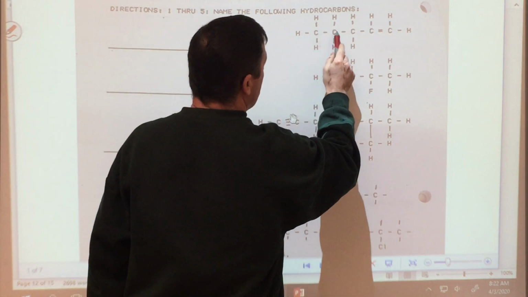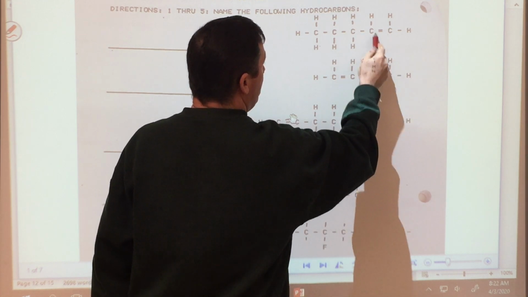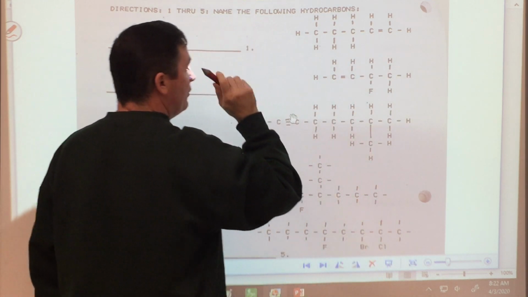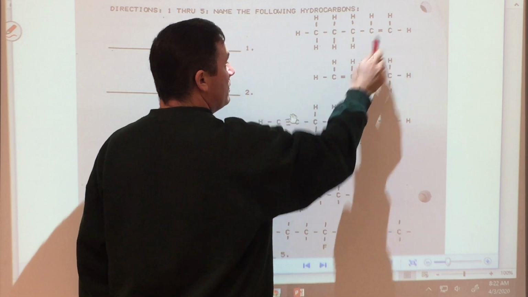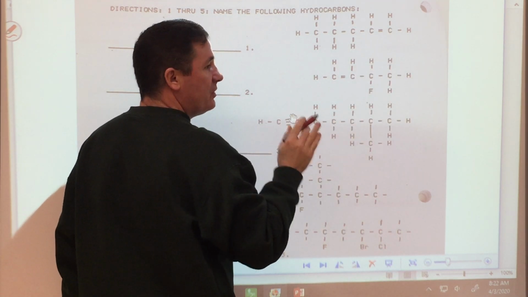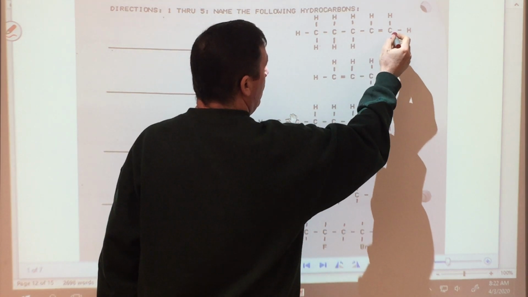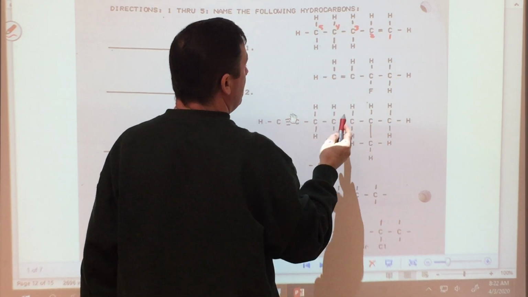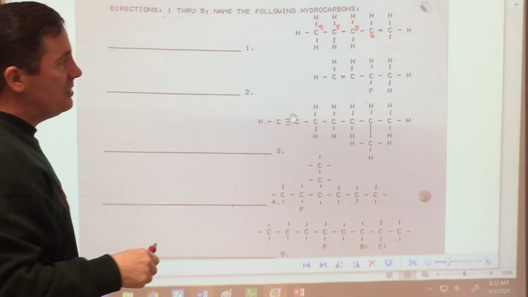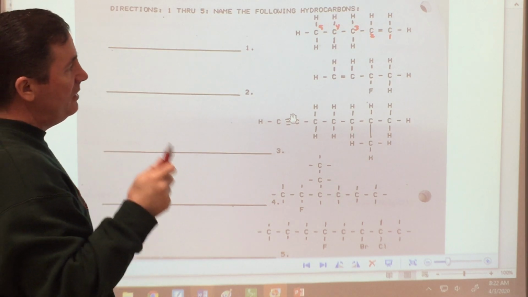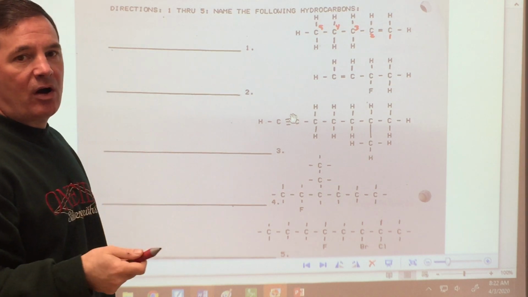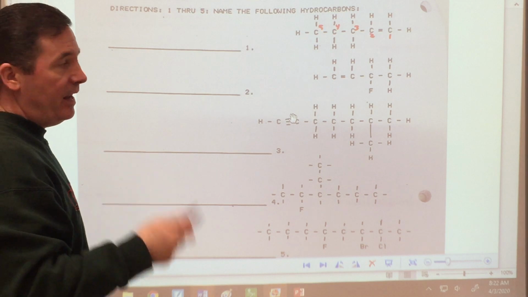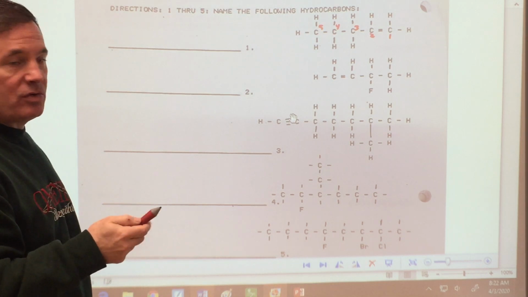So I could go 1, 2, 3, 4, 5, but this bond here tells me that I have to start on this end because I have to use the lowest number carbon. So this is going to be 1, 2, 3, 4, and 5. And when I'm naming alkenes and alkynes, I have to name the number of the carbon that has the double or the triple bond.